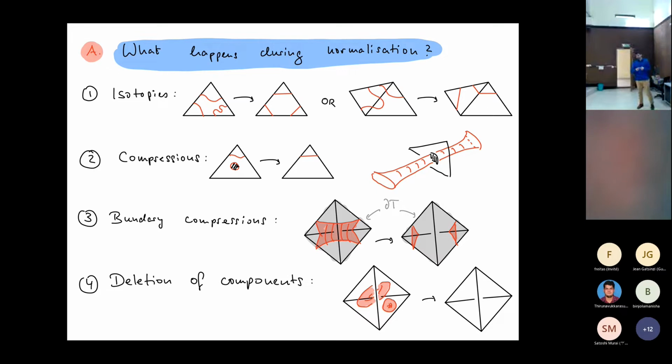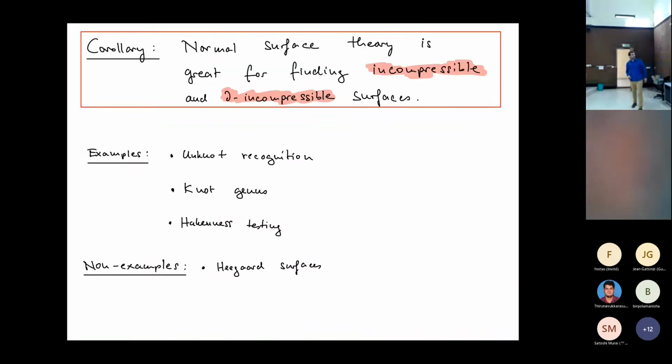So if you start with an incompressible, boundary incompressible surface, normalization will not change the topology. So that's good, right? But maybe you remember what I said before, not every cross-cap number is realized by a surface that's boundary incompressible. Okay, so corollary: normal surface theory is great for finding incompressible and boundary incompressible surfaces.